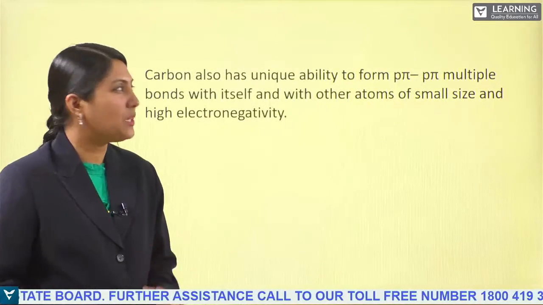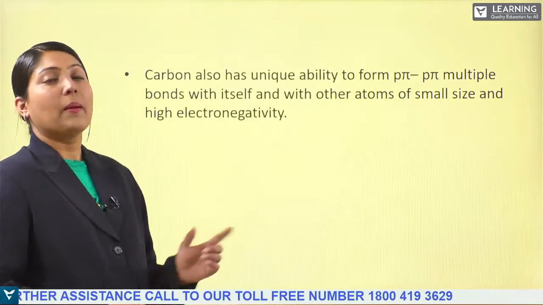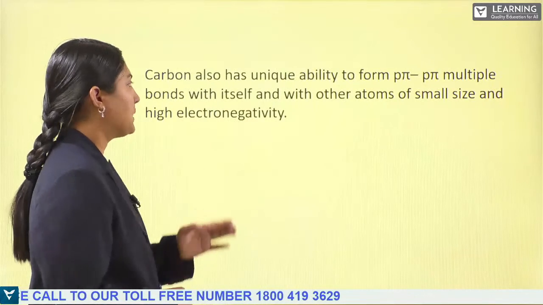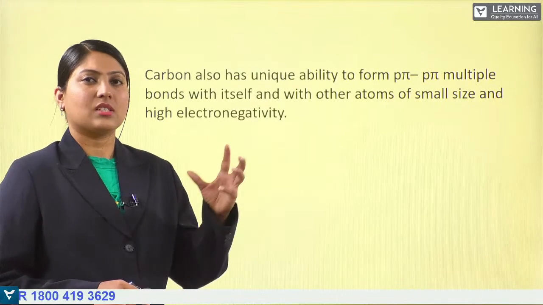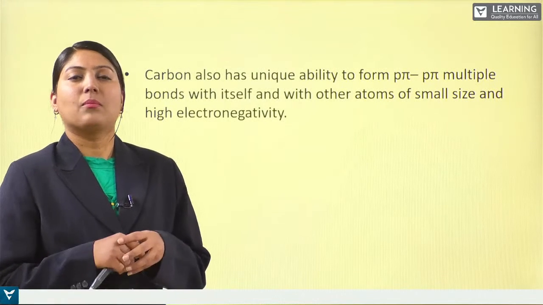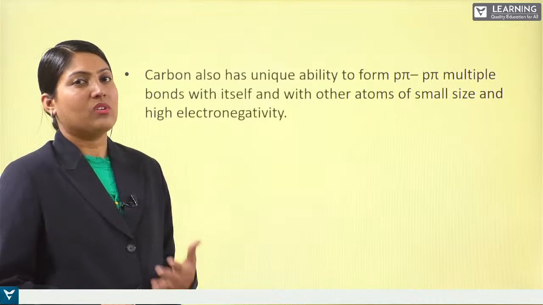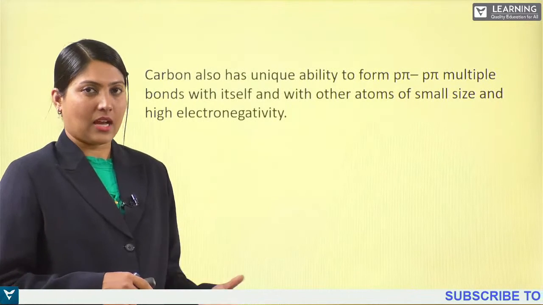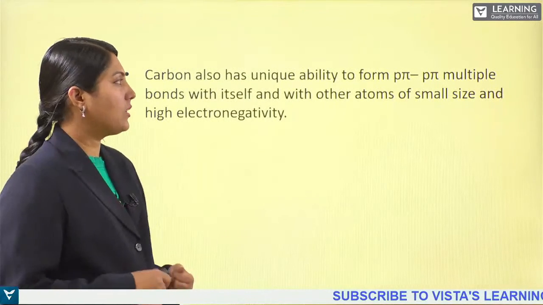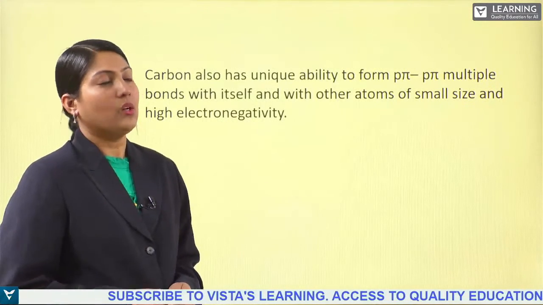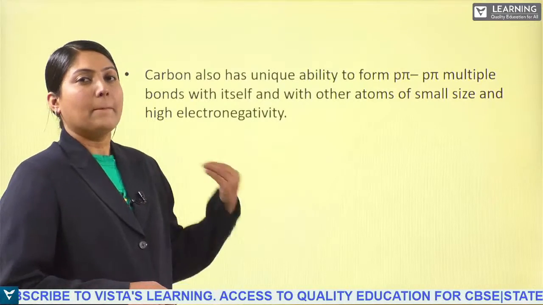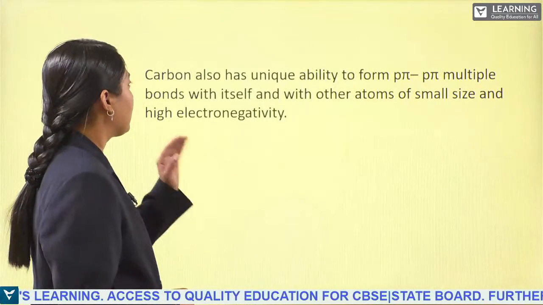Carbon also has a unique ability to form p-pi multiple bonds. This is very important. The catenation property of carbon makes many compounds, as carbon can bond with other carbon atoms. That is a very important property of carbon, which leads to the formation of many compounds of carbon.